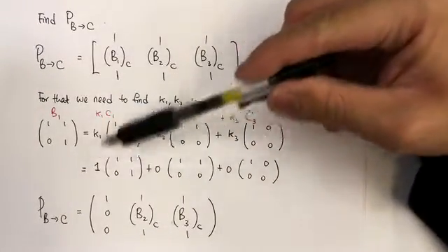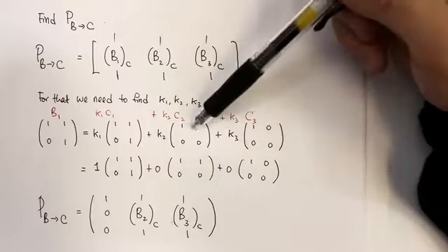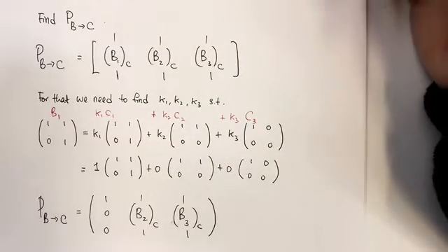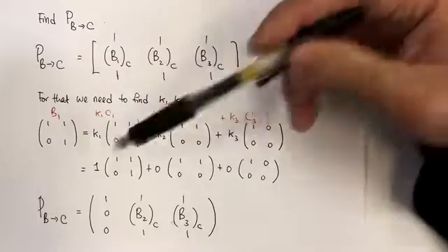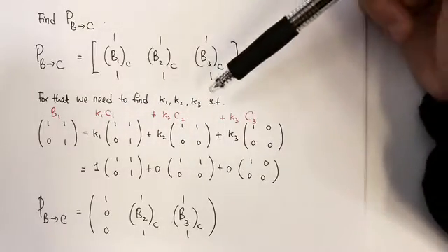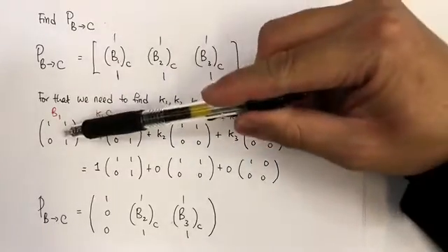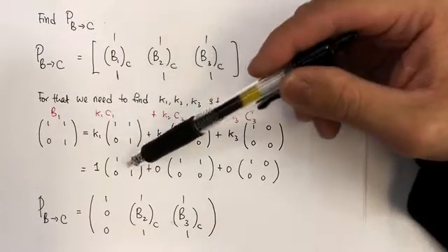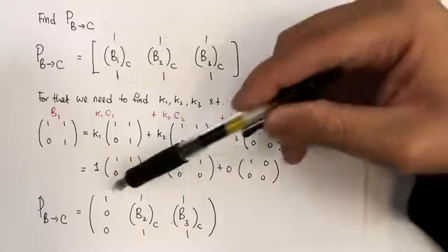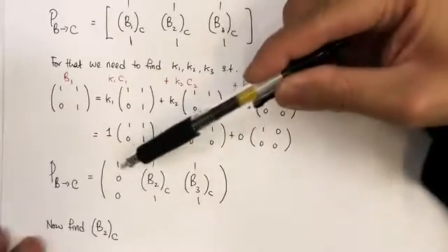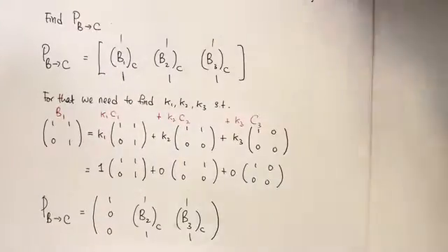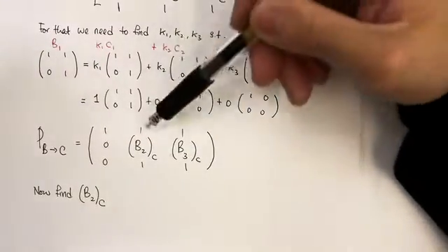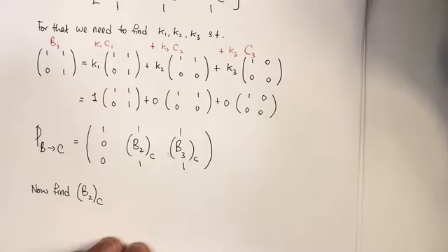So you can set K1 equal to 1 and turn off the other two matrices by setting K2 and K3 equal to 0. Because K1, K2, K3 is 1, 0, 0, the coordinates of this matrix relative to the basis C is nothing but 1, 0, 0.